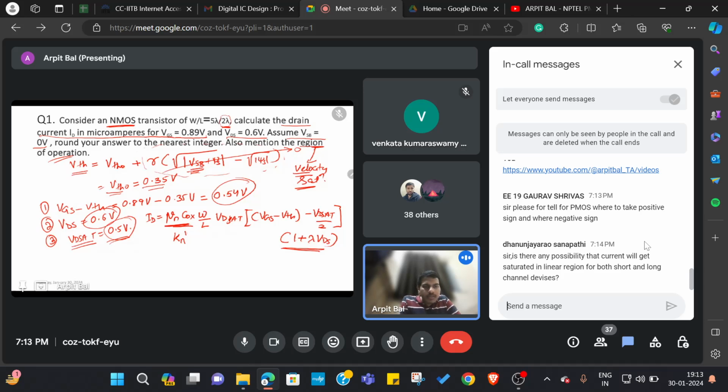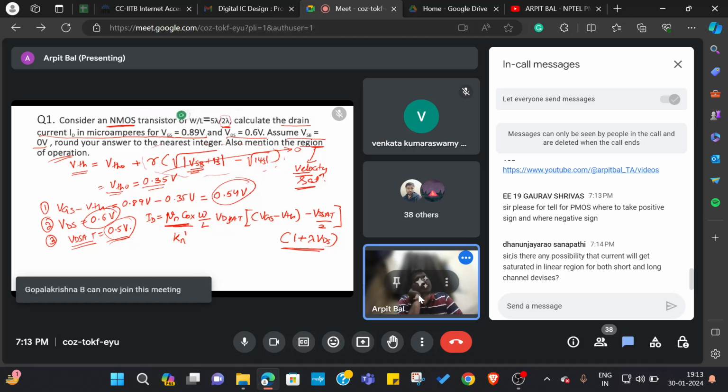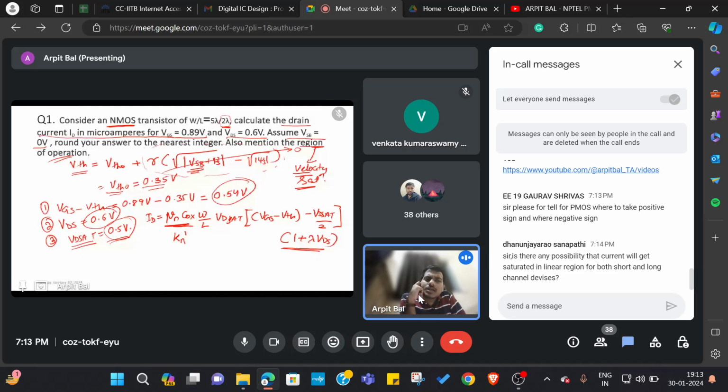There is a question: is there any possibility that current will get saturated in the linear region? Why will it get saturated in the linear region? Sorry, I didn't understand. Dhananjay Rao, can you explain what you mean by current getting saturated in the linear region?